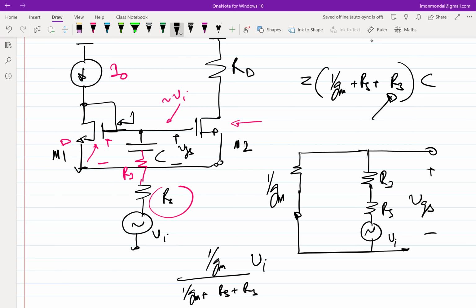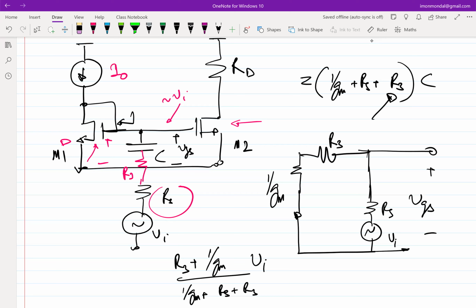appearing as is. Then the solution that he pointed out was, instead of putting R3 here, why don't I put R3 here? So this becomes 1 over Gm by R3 plus 1 over Gm. So in the limiting case, if R3 is much, much greater than anything else in the network, then this approximately becomes Vi. So what is the solution in the total circuit?